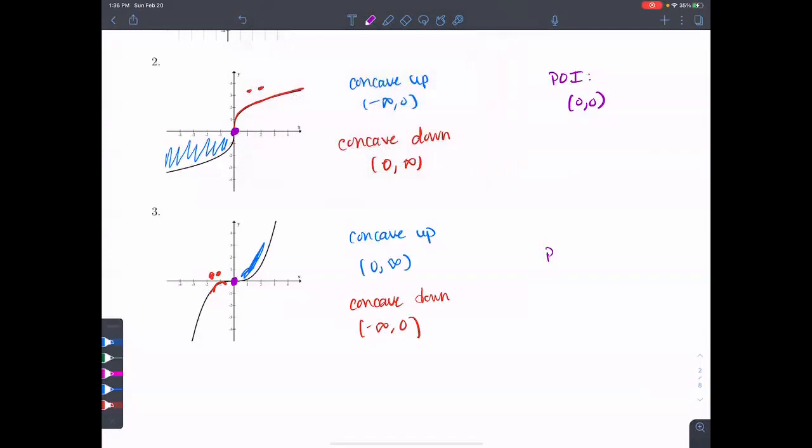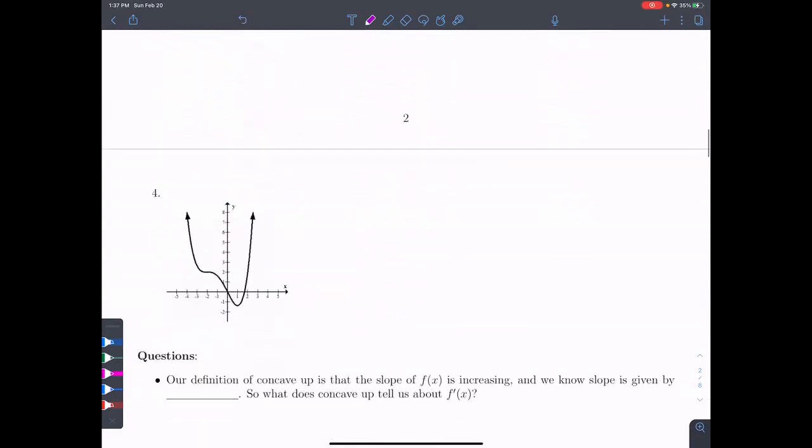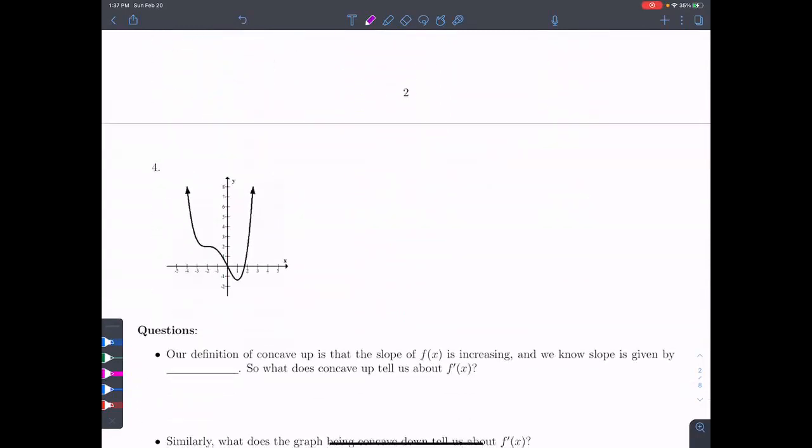We have a point of inflection, a place where it changes concavity, at 0, 0. All right. So we are going to now just practice, before we actually try to use functions to figure out concavity, taking second derivatives. Oh, we have one more example, sorry.